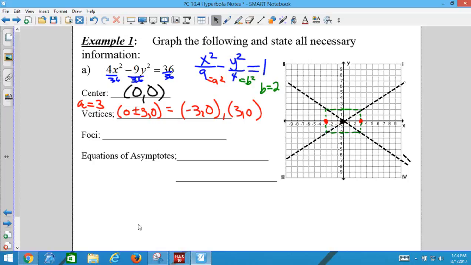And it's not really there. It's, again, reference, so I dashed it. These are the asymptotes. So we'll find the equations of those in a moment. But those are the asymptotes.